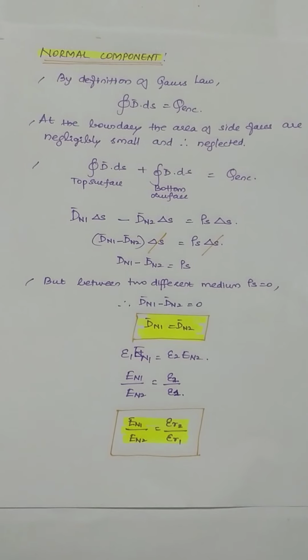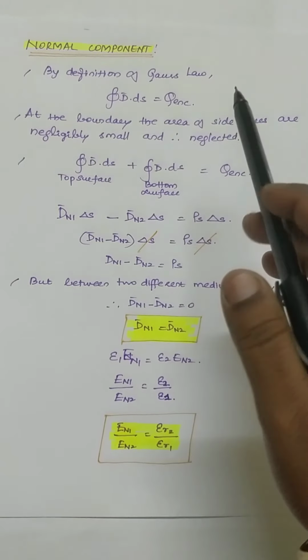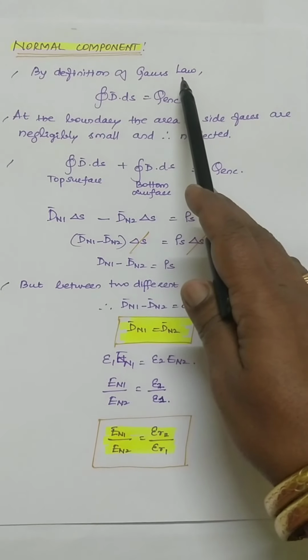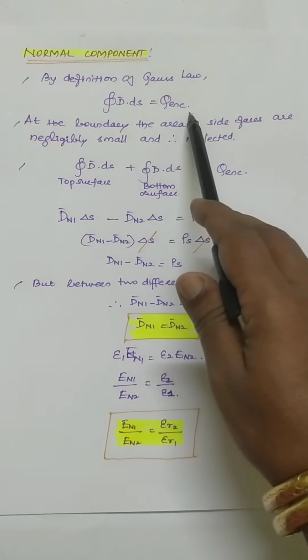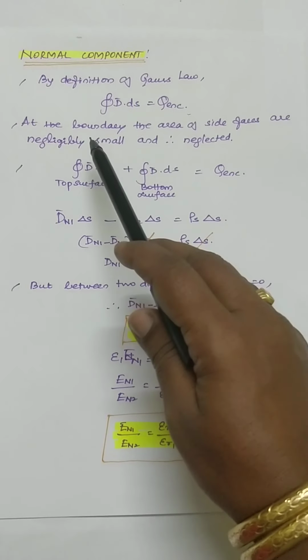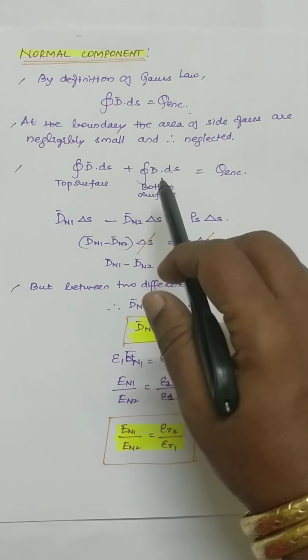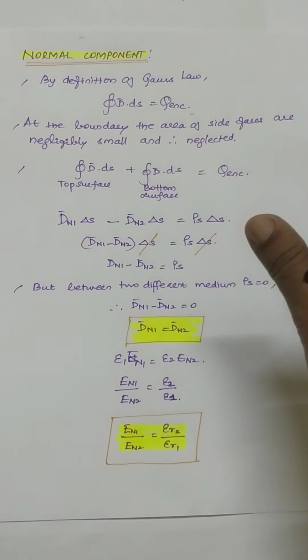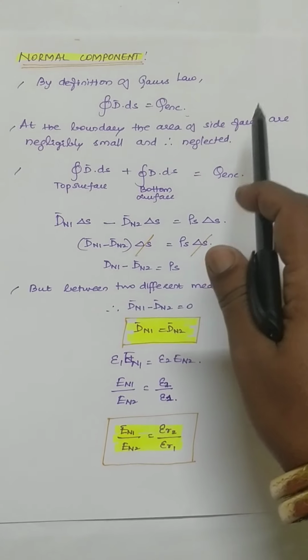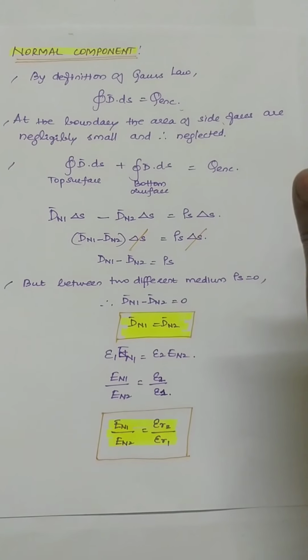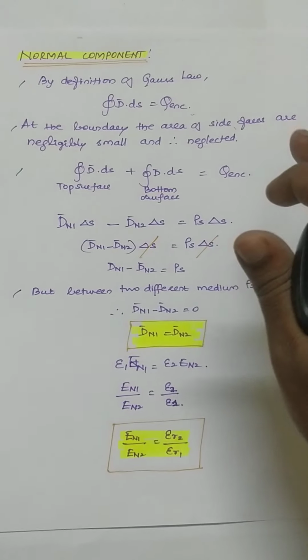The continuation of the concept is the normal component of dielectric 1, dielectric 2. Same analysis: choose the Gauss law. Integral D dot dS is equal to charge enclosed. So what we are doing is writing the top surface, bottom surface and the side surfaces. Now at the boundary, we are assuming that the area of the side surfaces is negligibly small, so we are totally neglecting the side surfaces.